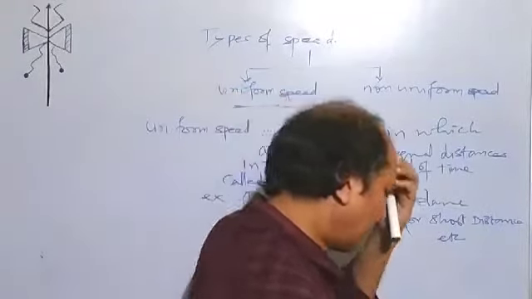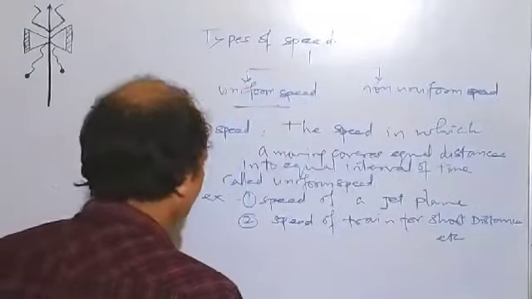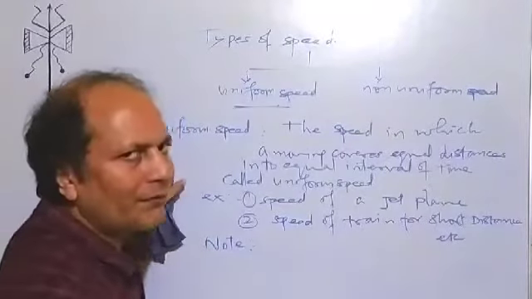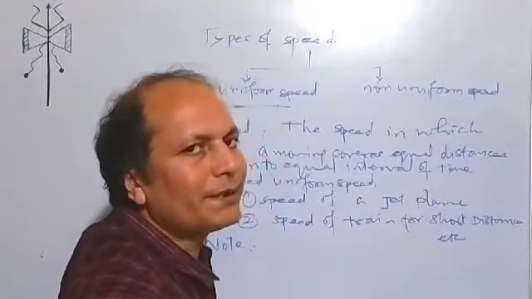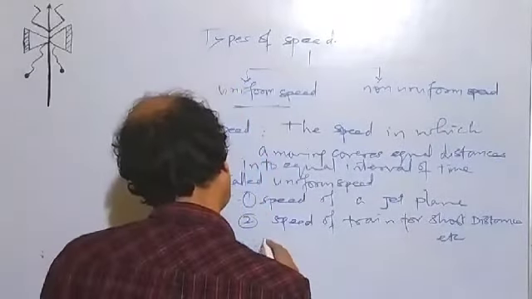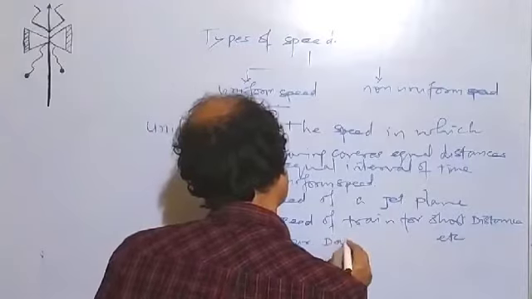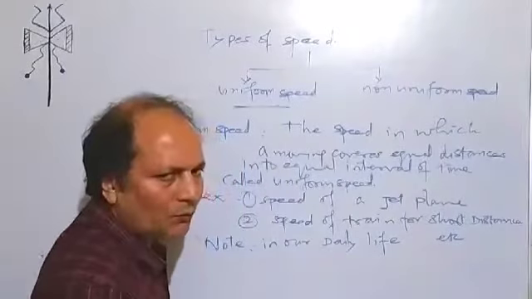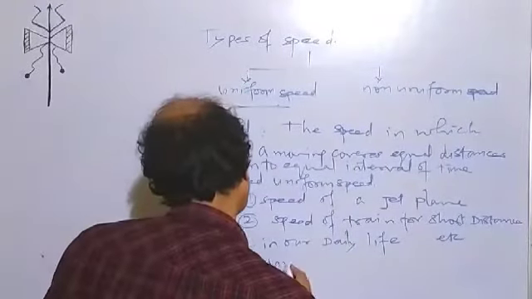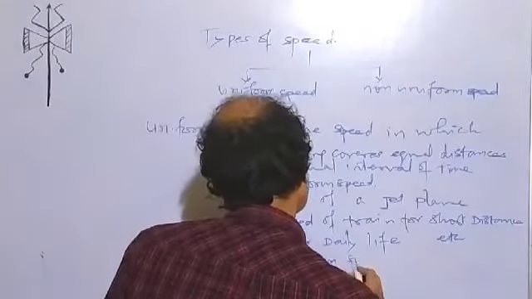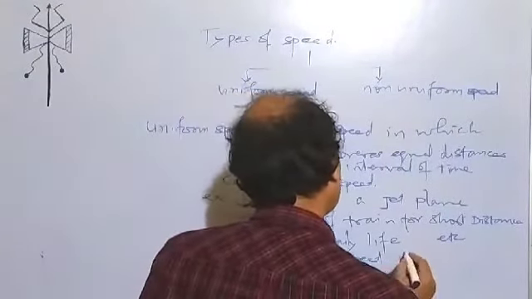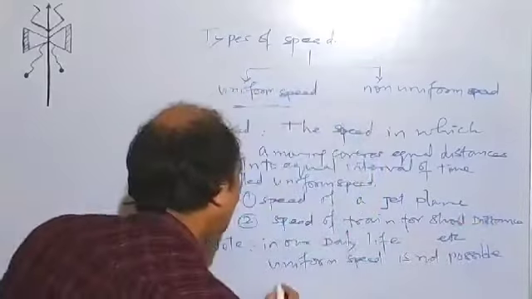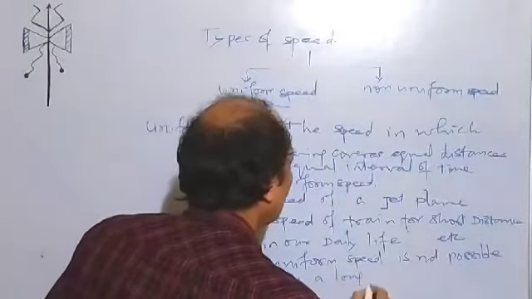Next, after that, I will tell you the note. In our practical life, in our daily life, uniform speed is not possible for a long way, on a long path.